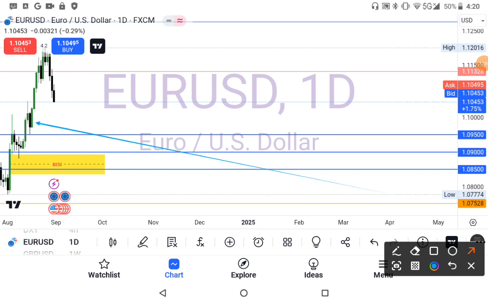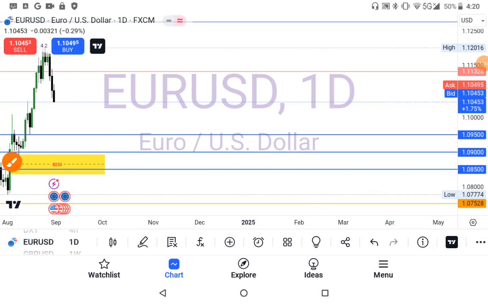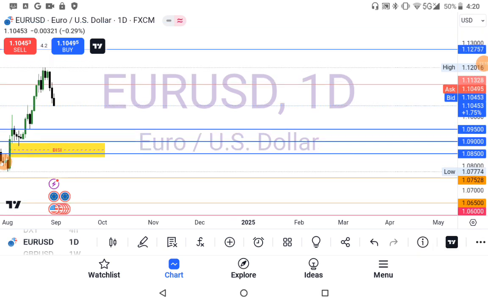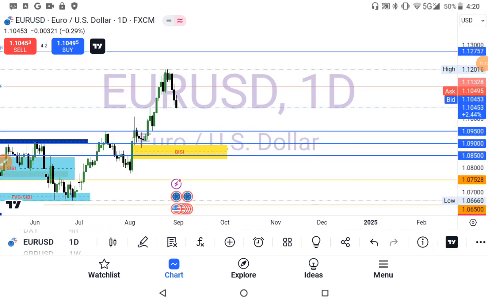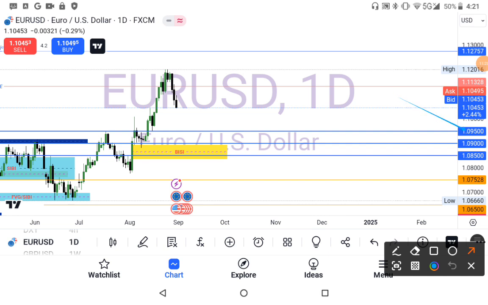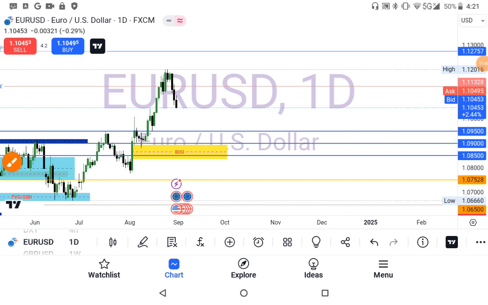The moment that order block has been raided, if the order block happens to be crushed, then I'll be interested in 1.09500, then 1.09000 will be the next level to watch out for.